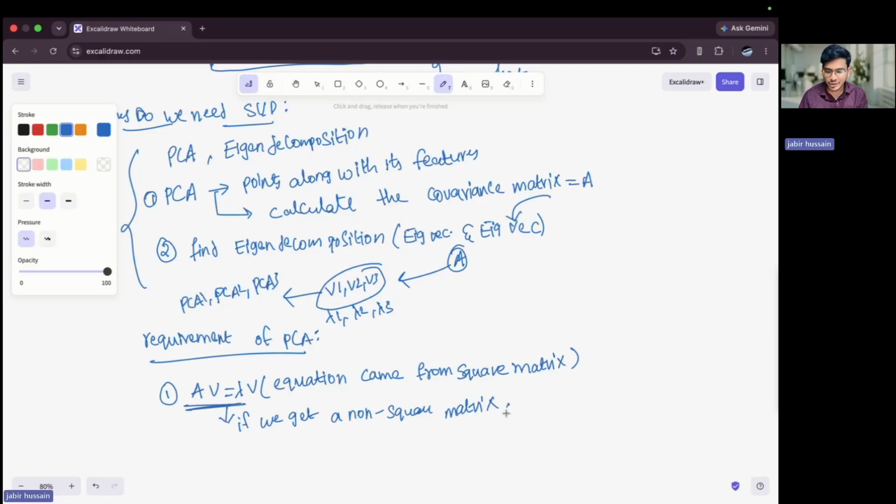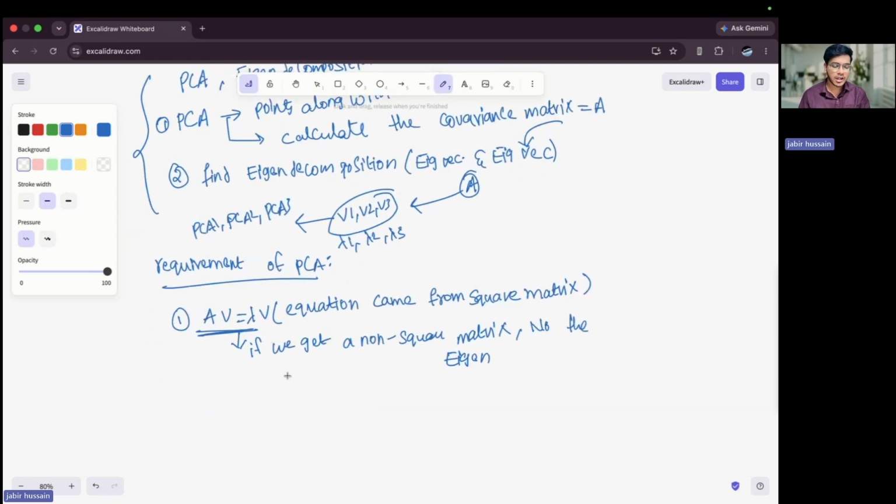The answer is no. The eigen decomposition will not work, because eigen decomposition requires two things. One is that it requires a square matrix. The second thing is, if you see this covariance matrix, the covariance matrix is symmetric in nature.